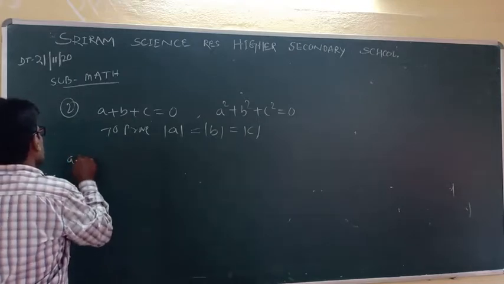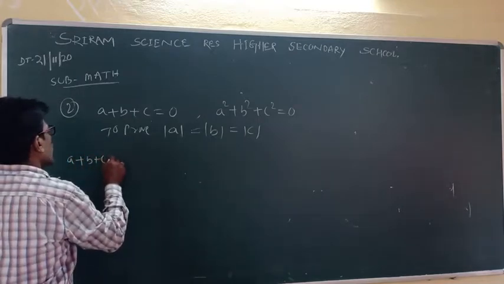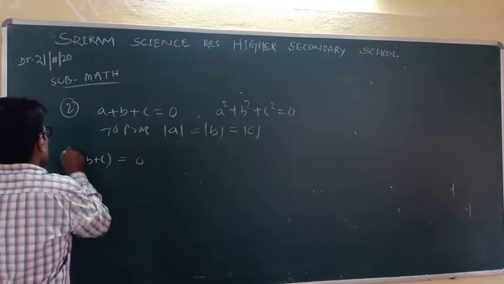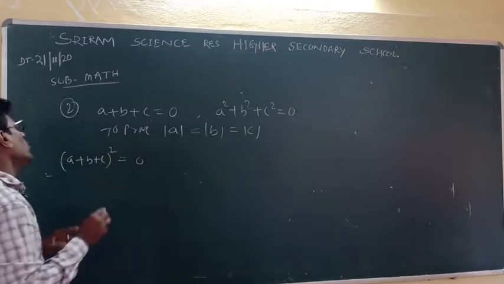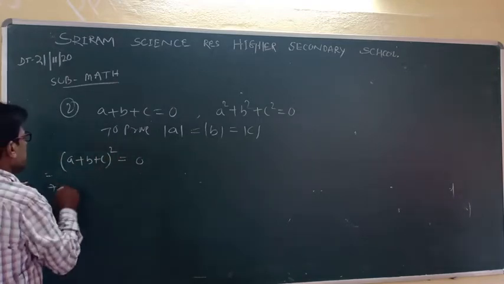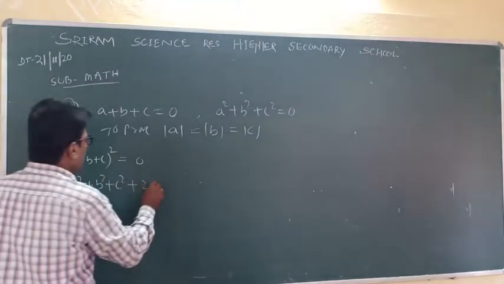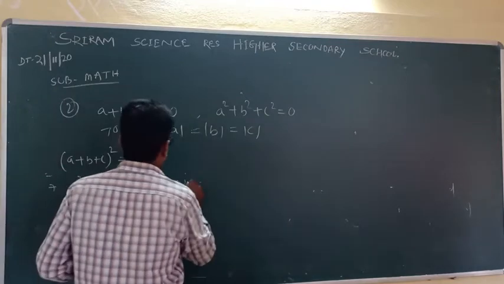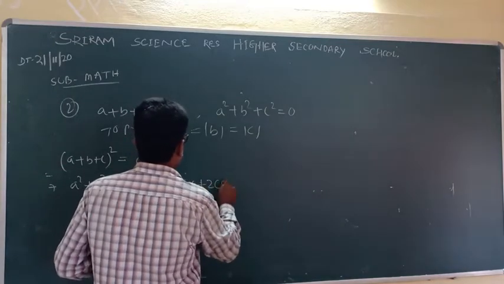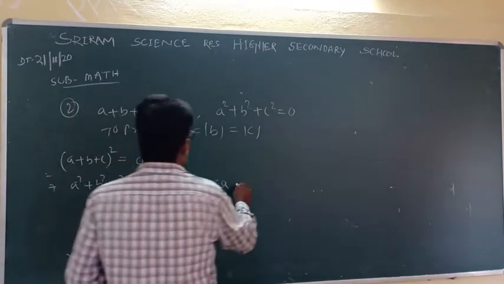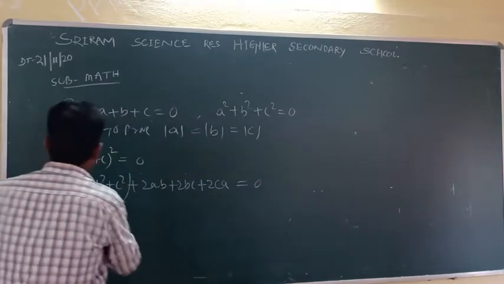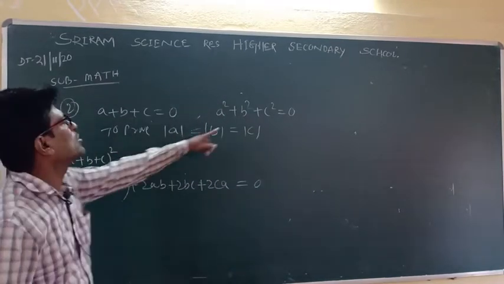Where a plus b plus c is equal to 0, then its square also 0. 0 square is equal to 0. Now we can write a square plus b square plus c square plus 2ab plus 2bc plus 2ca is equal to 0. But you have given a square plus b square plus c square is equal to 0.